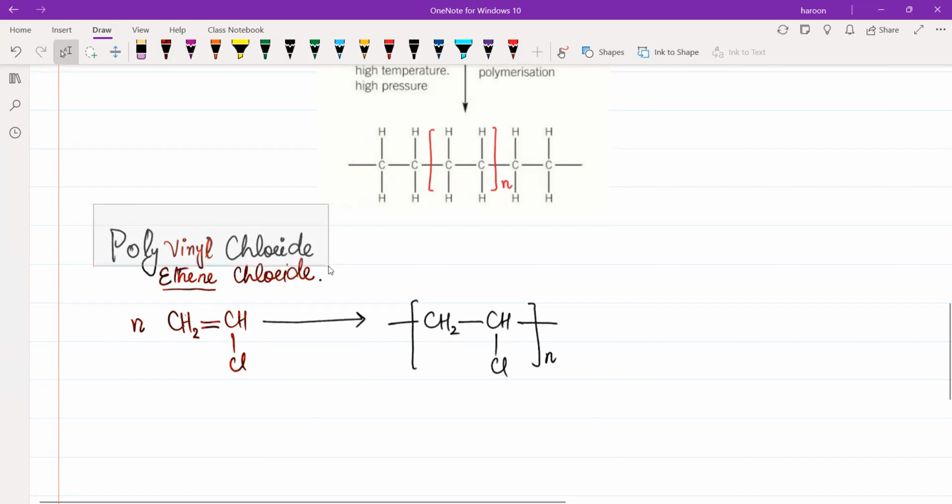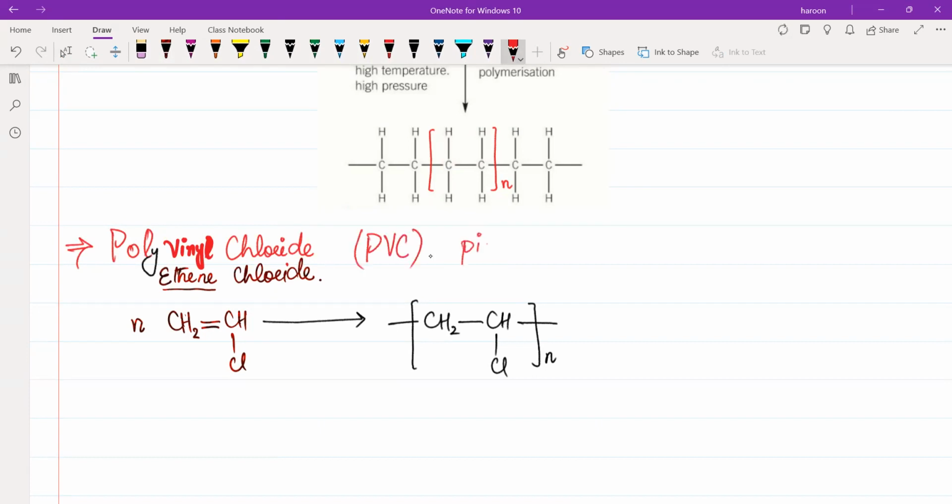Do you know what is polyvinyl chloride? It's used for a lot of PVC plastic, the PVC used in pipes, the general plastic we use in our daily life. Okay, yes, it is.